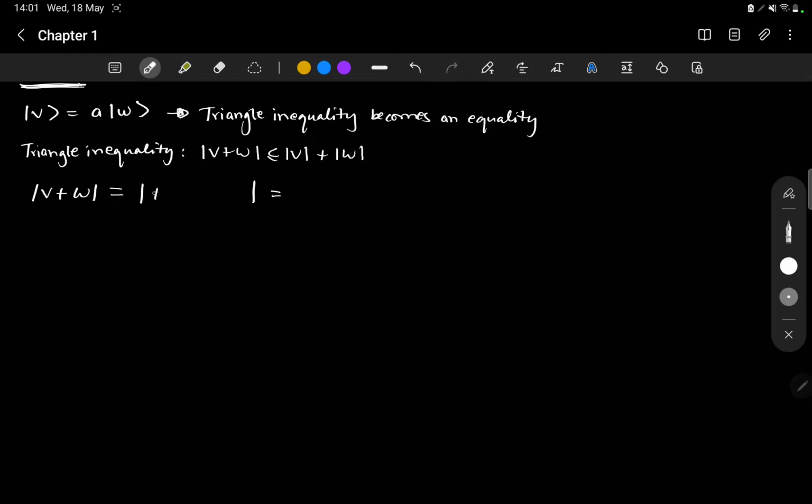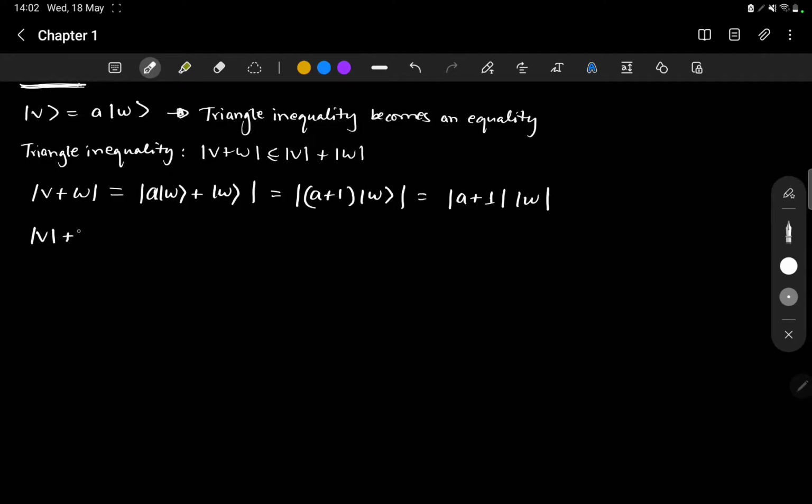V is a times w, so this is the left hand side of the inequality.